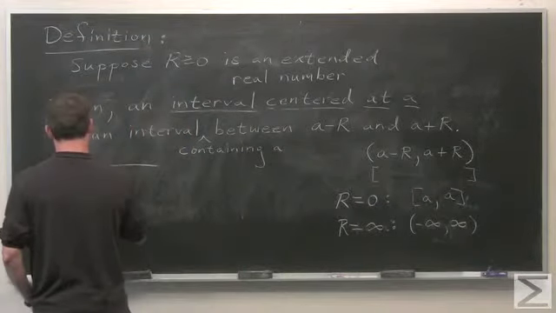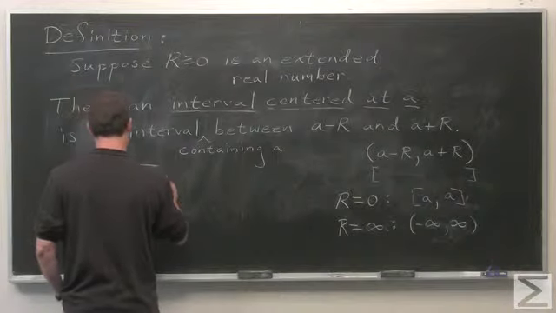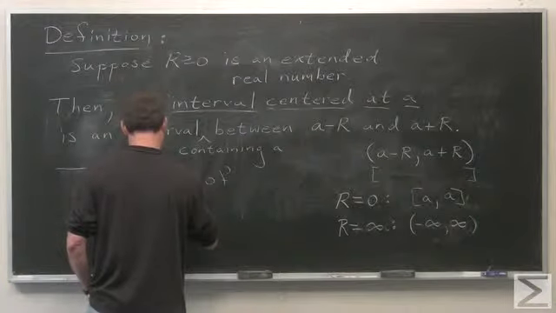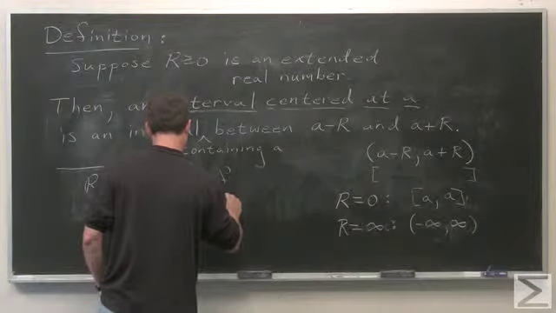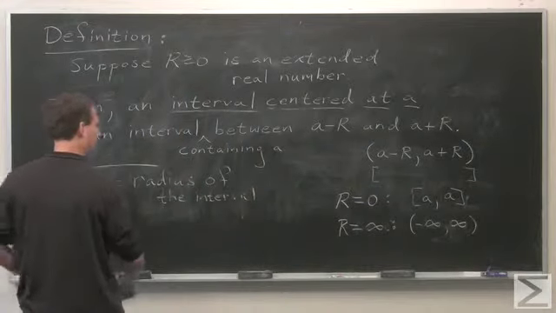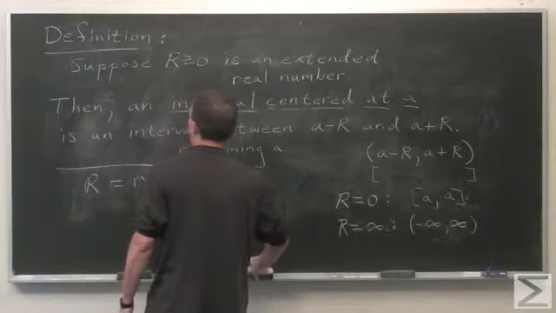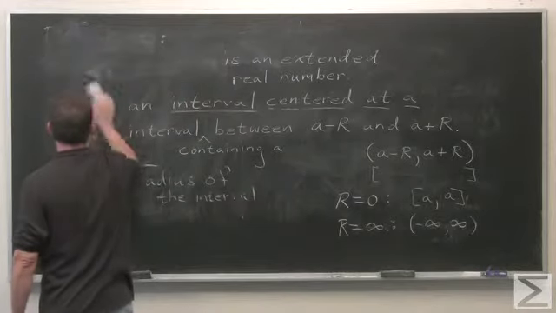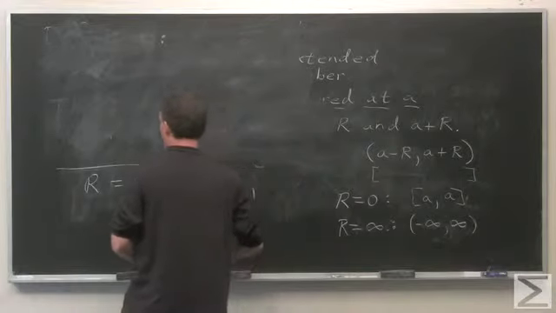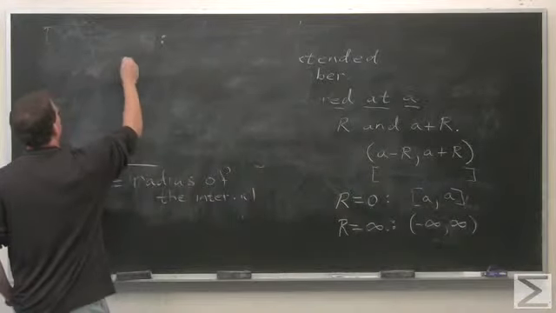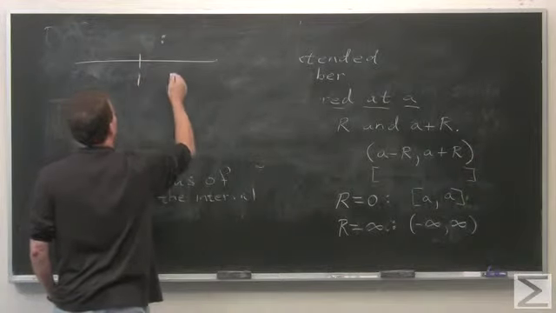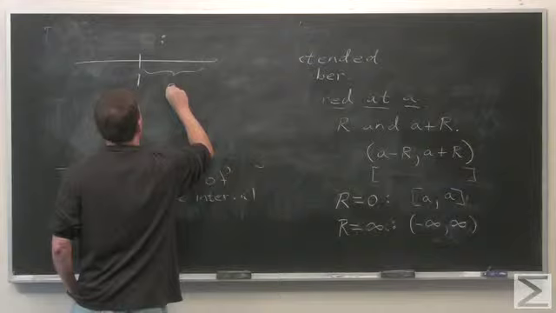R equals the radius of the interval. So something like, where r is a non-zero real number, you might want to center at 1 and have radius 2.